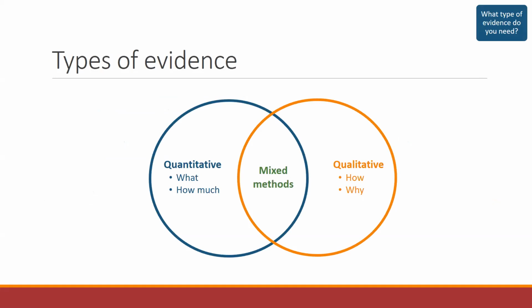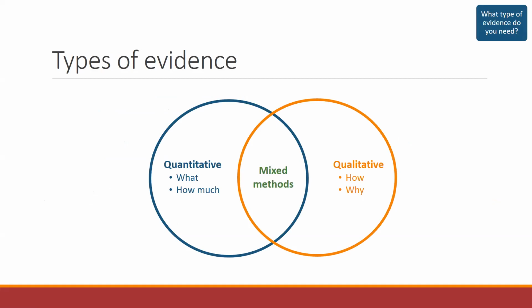You also want to think about the type of evidence that you need, and evidence here can mean a couple of different things. What first comes to mind is whether or not you need quantitative data, qualitative data, or both, and a subset of that category where the Venn diagram overlaps is our bucket called mixed methods.